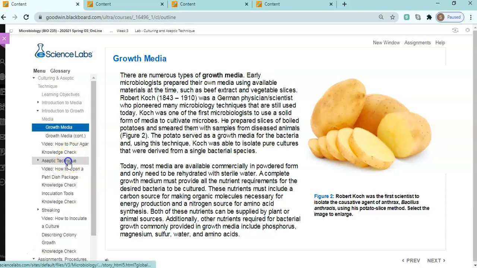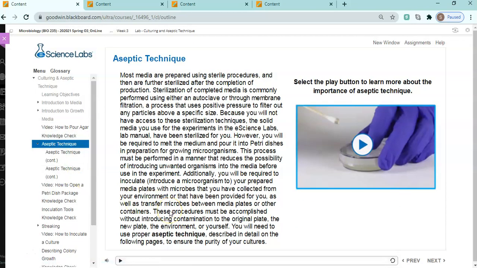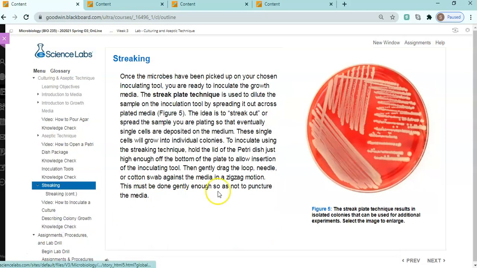Again, aseptic technique is unpacked in the background, especially when we are preparing a streak plate and getting our agar ready where we are able to obtain isolated colonies known as pure colonies where we have only one type of microorganism growing.